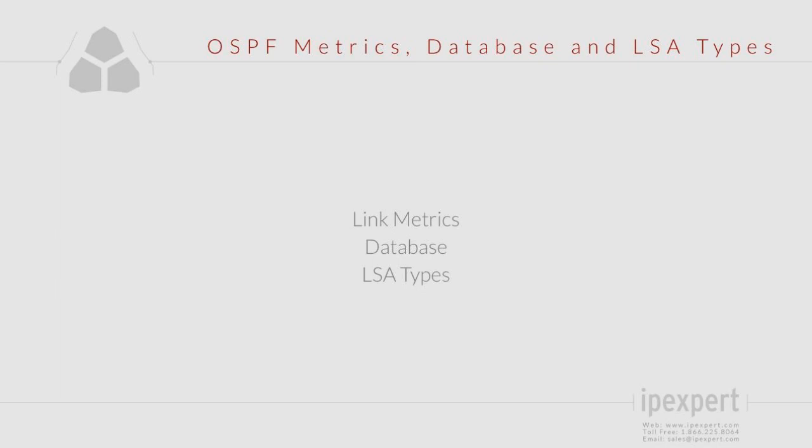Finally, we are going to spend some time looking at the link state advertisements, or the OSPF data units that carry the information about the routes and our topology, and we are going to explore them in some detail.